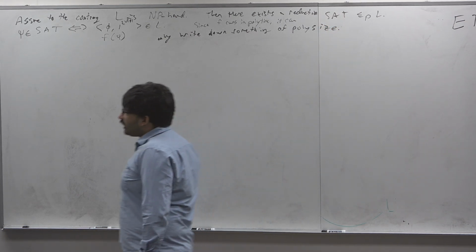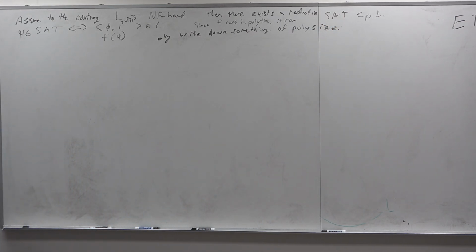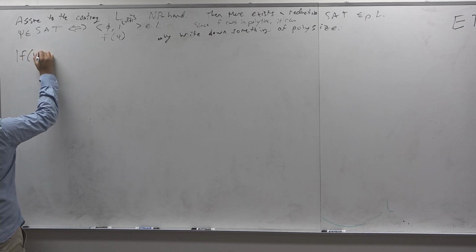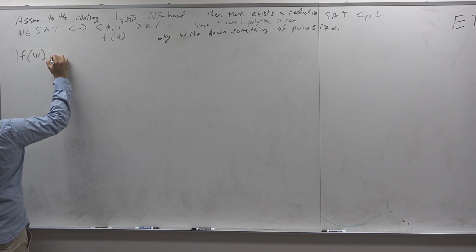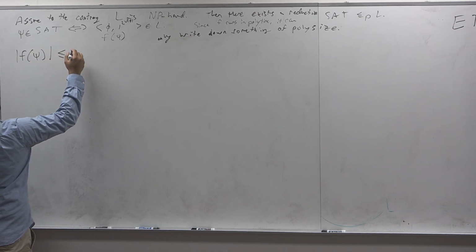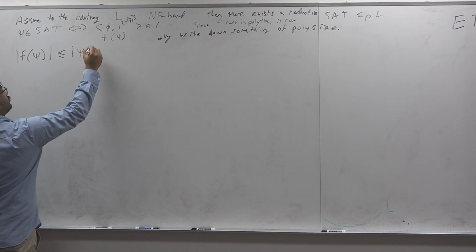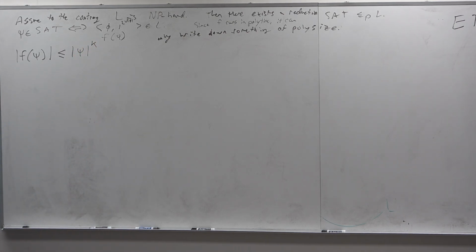So let's find a relationship between a psi in the input of the reduction and a phi of the output of the reduction. We know that if the reduction takes polynomial time, then whatever is written down must be less than or equal to the size of the input to the k. It's polynomial, right? Questions on this step? I'm saying what the algorithm outputs is less than some polynomial of its input.